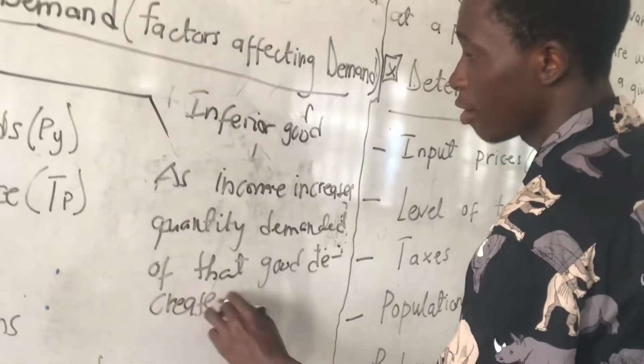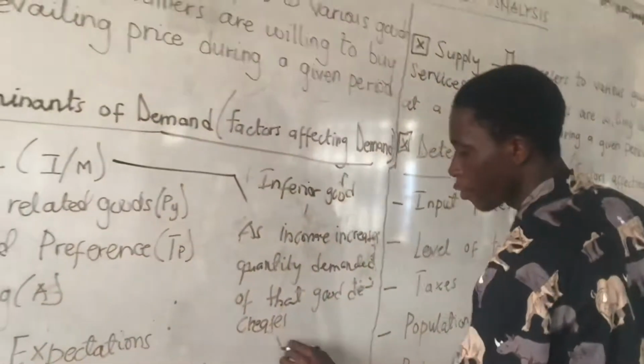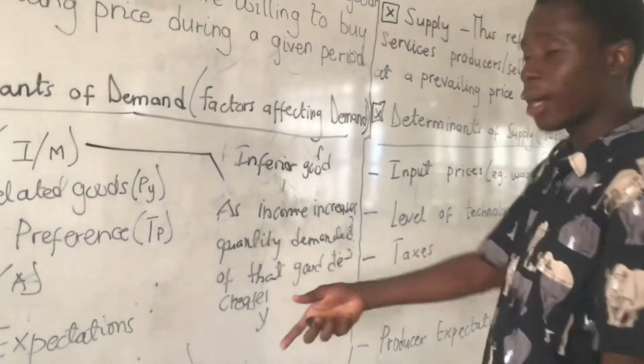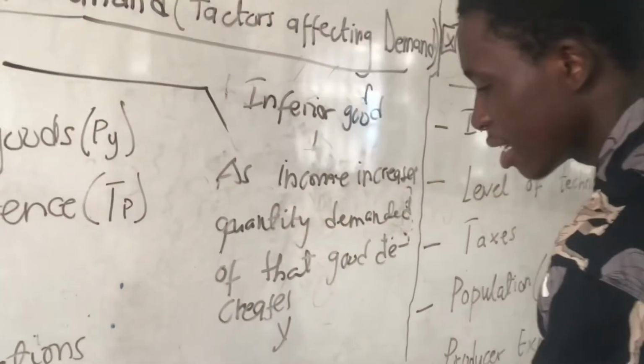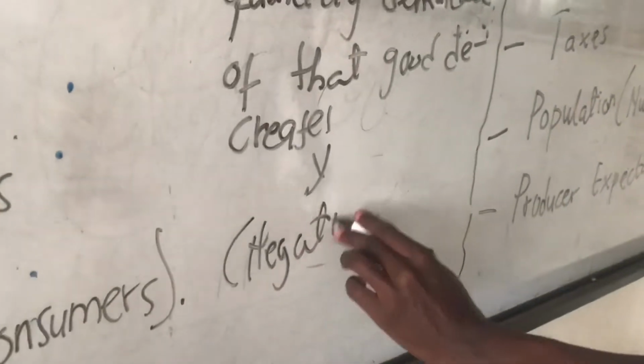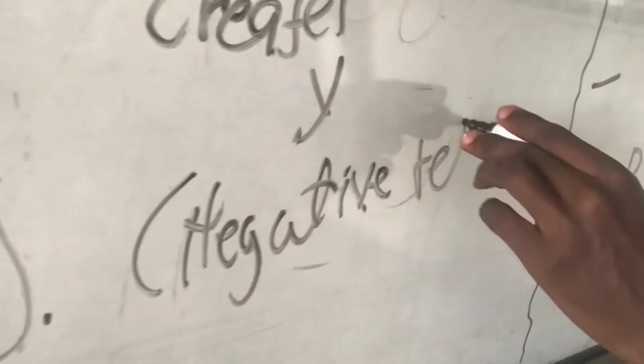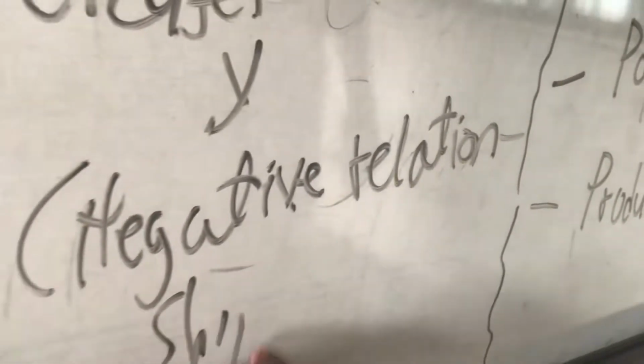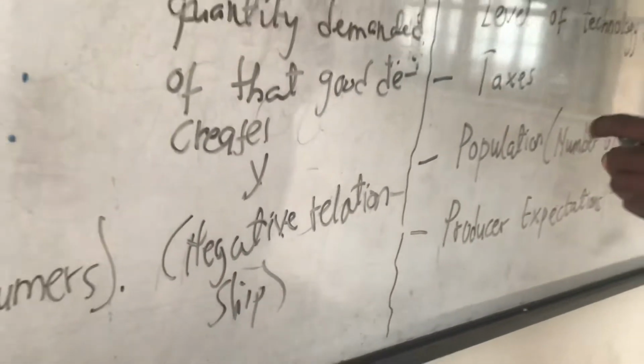This is for the inferior good. Therefore, the inferior good has a negative relationship between income and quantity demanded of that good. They have a negative relationship. Okay, so actually we are done with income.